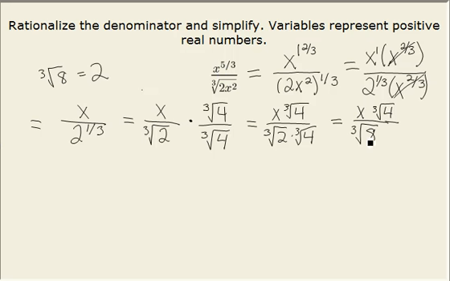So I tried to multiply my denominator by something that would yield me the cubed root of 8 because I knew the cubed root of 8 would equal 2, which is not a radical number. So I can rewrite my expression again as x times the cubed root of 4 divided by 2. Notice that this is fully simplified and it's rationalized. So we are now done.